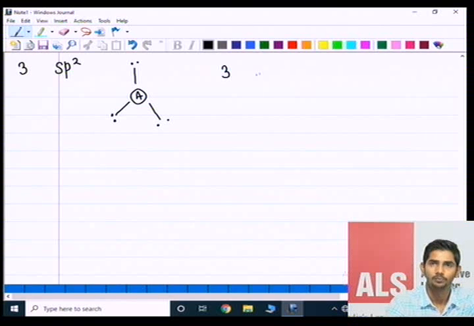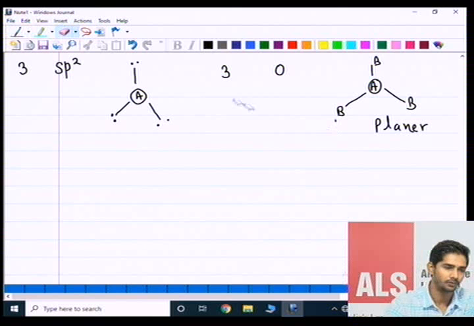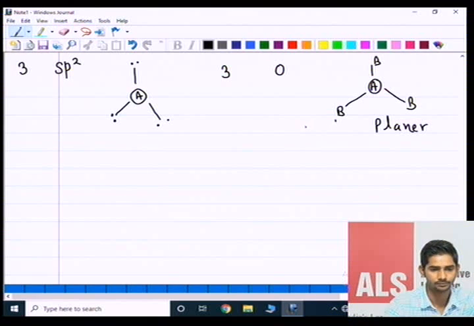First, bond pairs 3, lone pairs 0. If this situation is satisfied, it will look like this. This is your planar shape, or you can say triangular or trigonal planar.